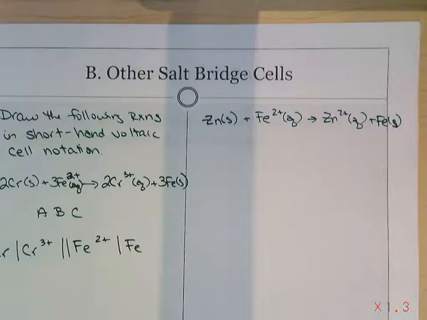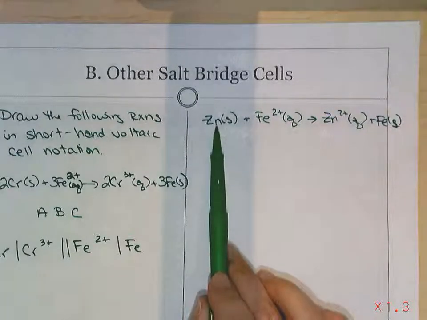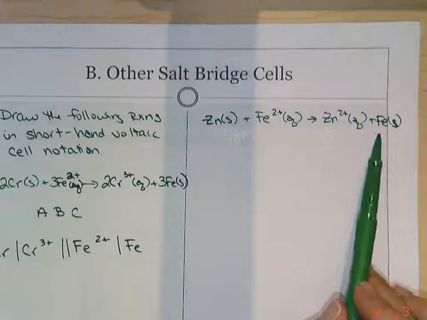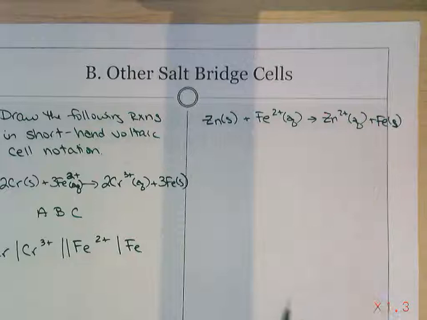Which metal goes in the anode? Okay, so zinc is going from 0 to plus 2 and iron is going 2 plus down to 0. So which one's the oxidation? Zinc or the iron? Okay, put that on the outside.